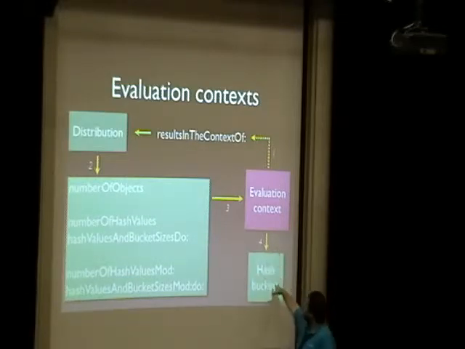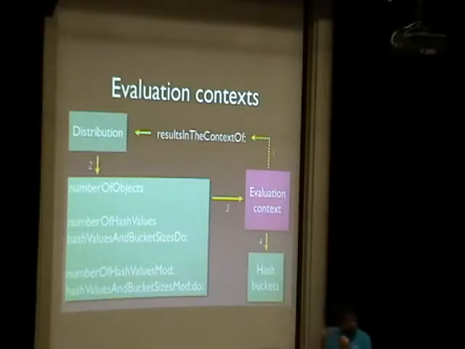And because the evaluation context can hide how the hash buckets are structured, it doesn't really matter what data structure you're using. Actually, the hash analysis tool, furthermore, not only sometimes keeps a small integer count of occurrences, but also uses a hash bucketed dictionary implemented as a subclass of dictionary. And all these details are completely hidden from the distribution calculations, and they don't care.